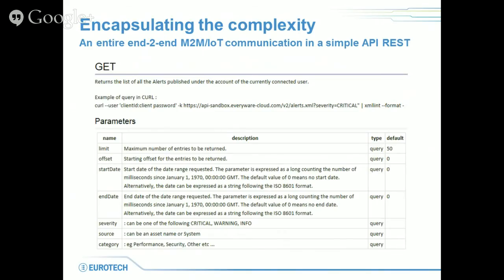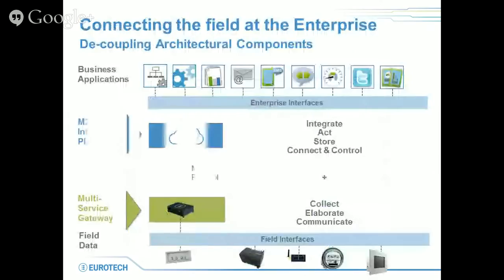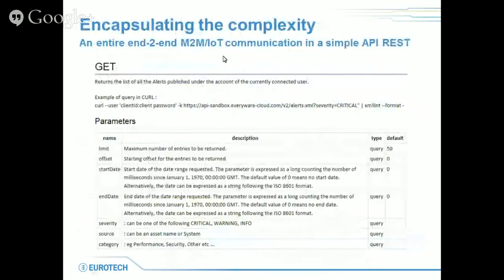And when we say that we have to encapsulate the complexity, it means that we must be able to make the entire complex communication that we have seen here in this picture hidden behind a very simple REST API interface. So just a URL with few parameters, and you have the entire communication encapsulated inside this interface. And this makes the life of a programmer very much easier.